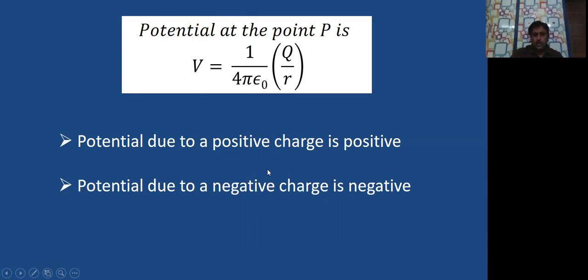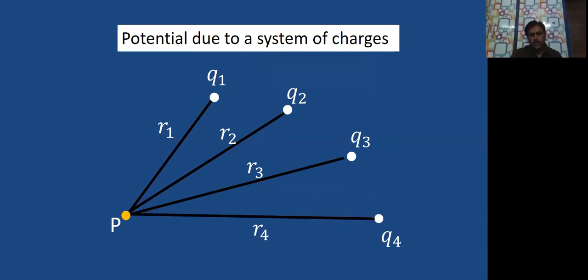So this is important. Potential is a scalar quantity, no. So if there is a positive charge, it will create positive potential. If there is a negative charge, it will create negative potential. That is the meaning of this.